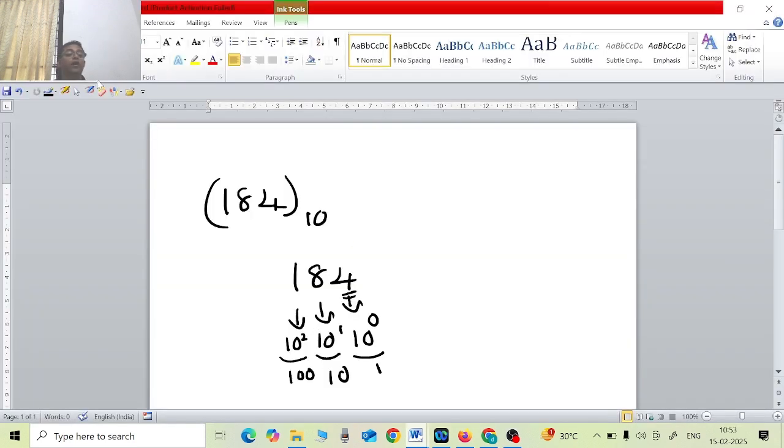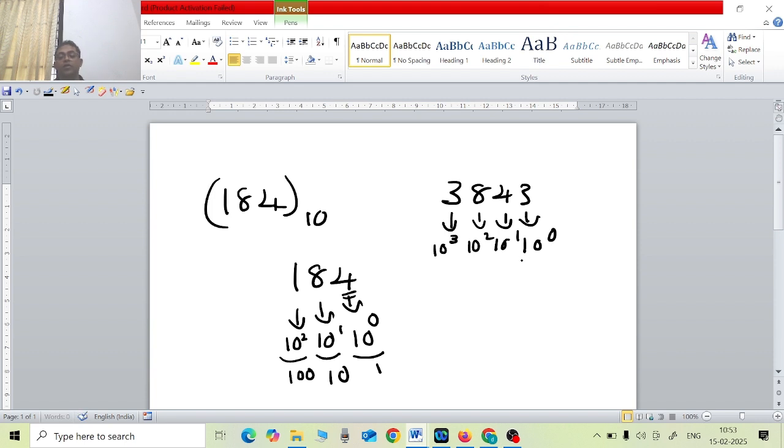Okay, let us take another example. Let us take this number, and we know it is called 3843. This position stands for 10 raised to 0, this position 10 raised to 1, this position 10 raised to 2, and this is for 10 raised to 3.